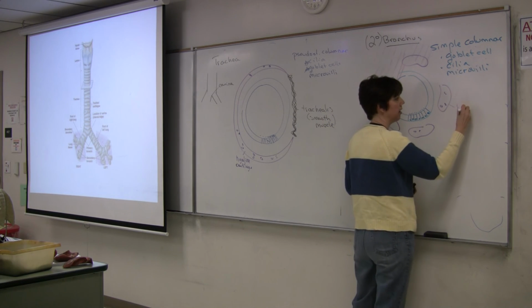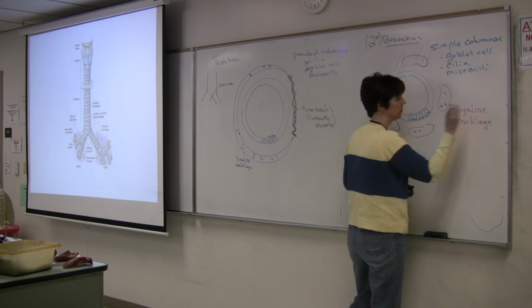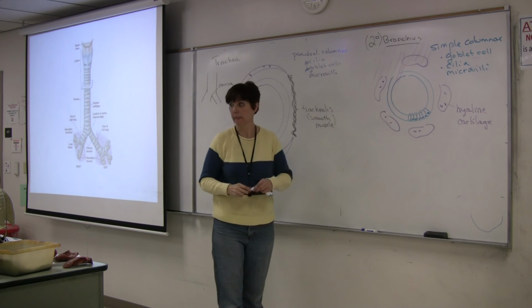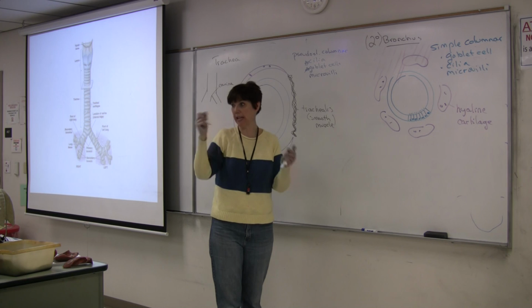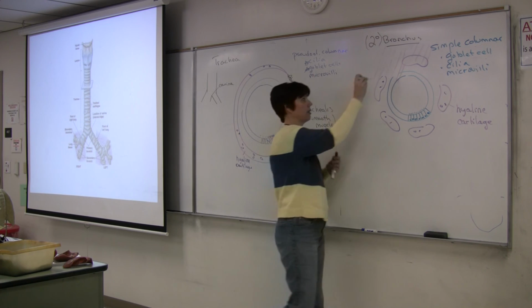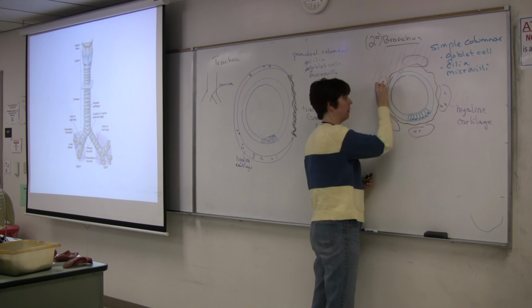So still hyaline cartilage. And smooth muscle is present between the epithelium and the cartilage. And this time, the smooth muscle goes all the way around the airway as well.